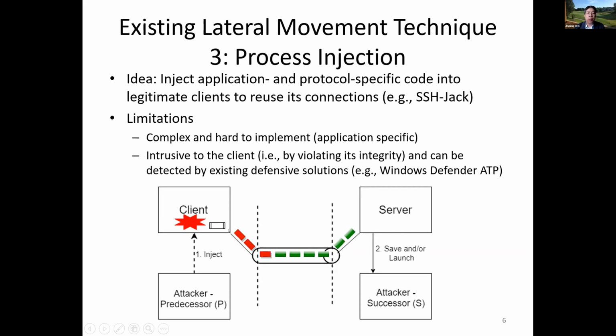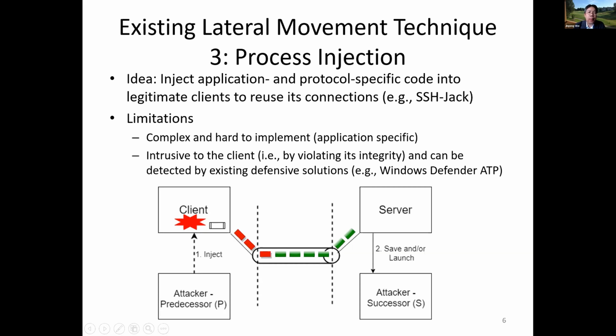It has already finished the authentication, and there is already a connection. This idea will inject code into the client process. As a result, that code can just access that connection that is already established, and through that, finish the lateral movement.